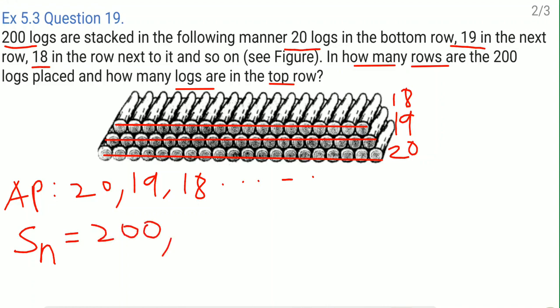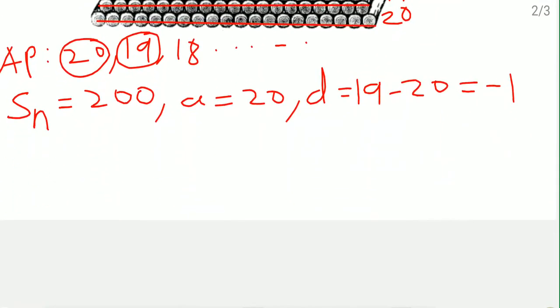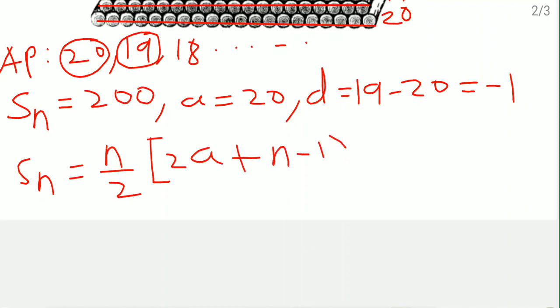Then the first term is 20. Then the common difference is, see, second term minus the first term, so 19 minus 20, which comes as minus 1. Okay. Here I'll write down the sum of n terms formula as S n equal to n by 2 inside the bracket 2a plus n minus 1 into d.